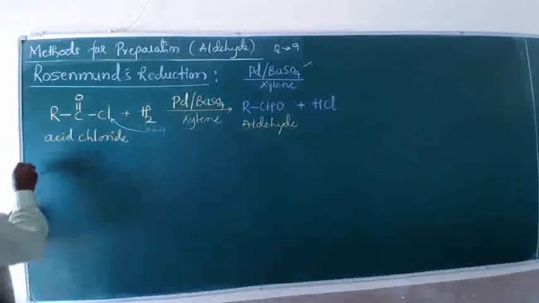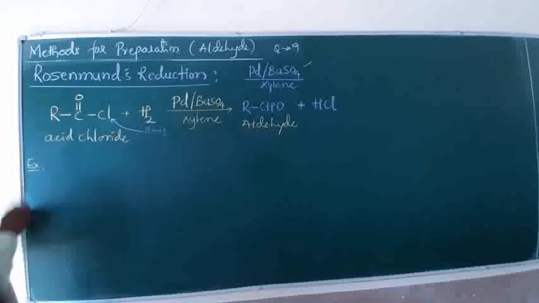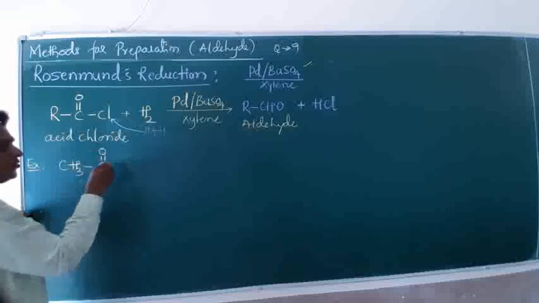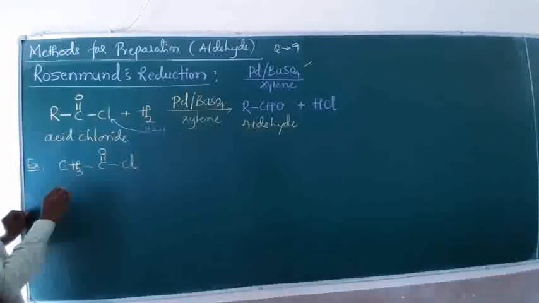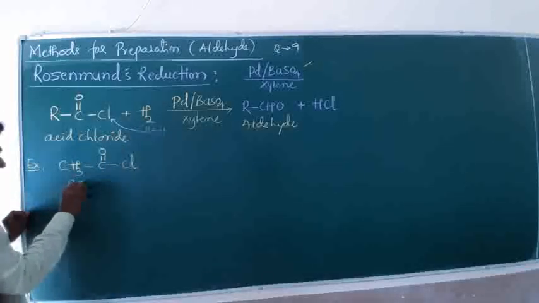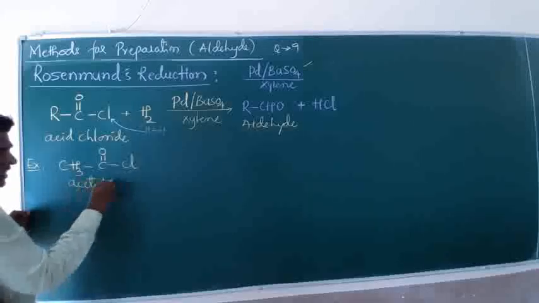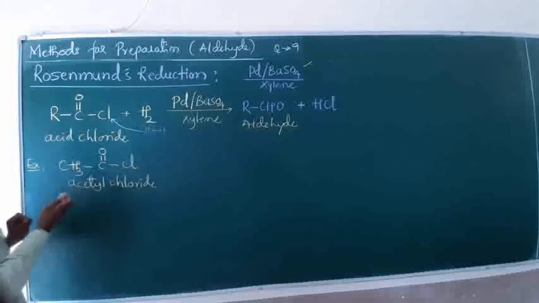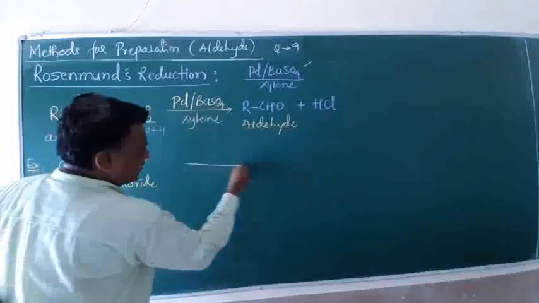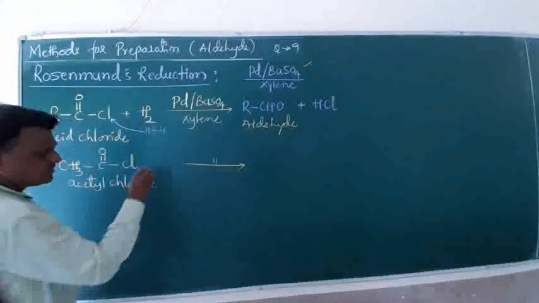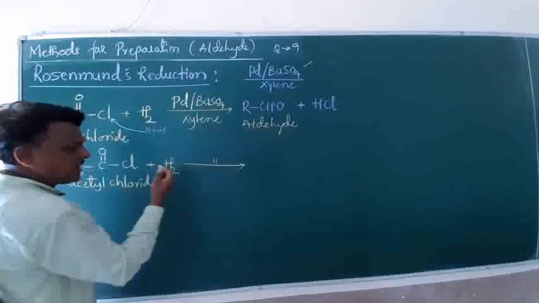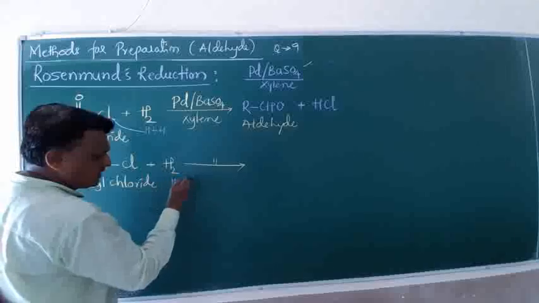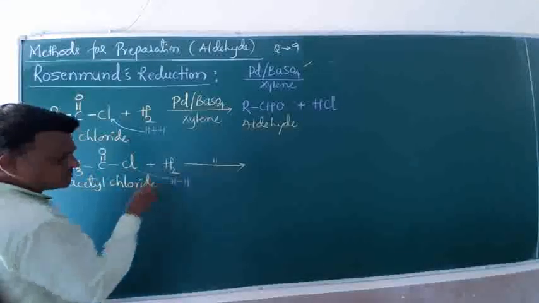We consider an example as mentioned in our syllabus: CH3 C double bond O Cl. We are already familiar, this is called acetyl chloride. This is an acetic acid derivative, acetyl chloride. When acetyl chloride undergoes reduction with the same palladium, we know this hydrogen is H and H, and this Cl comes here.